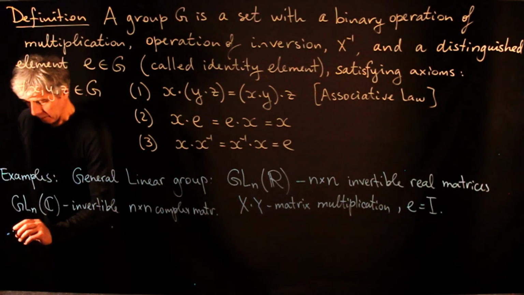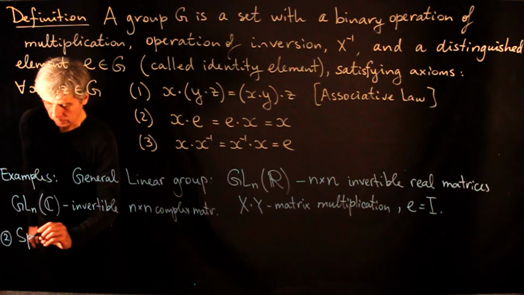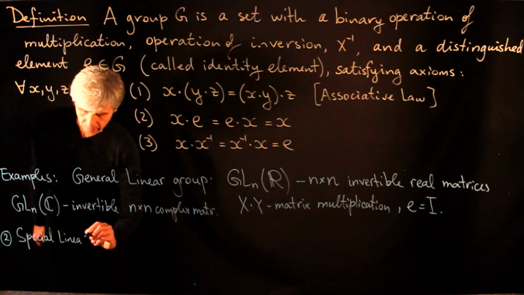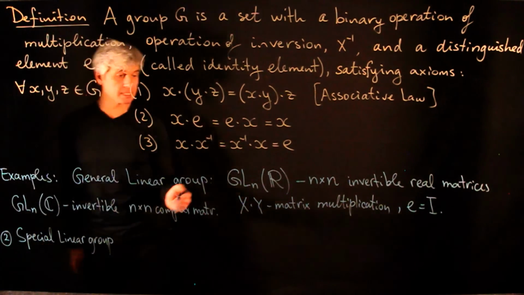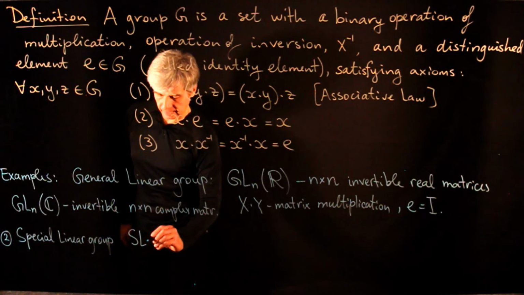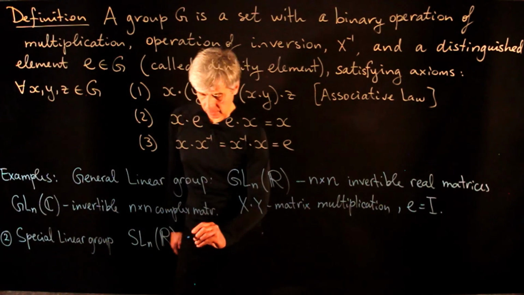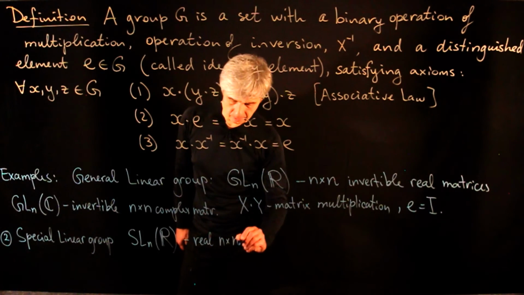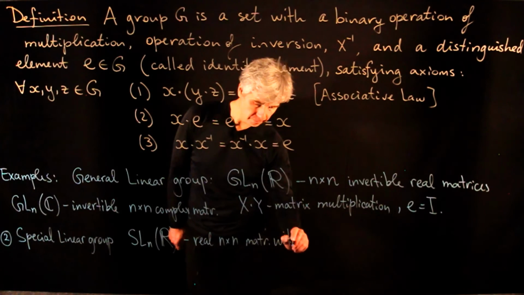And so then as a second example, we can take a special linear group, which will be a subgroup in the corresponding general linear group. So we have SLNR. So these are real n by n matrices with determinant 1.